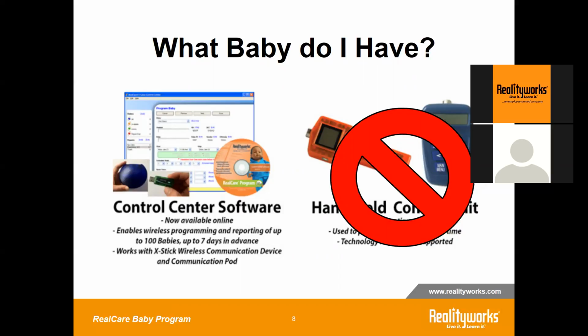The way the software works is you either plug into your computer an X stick, which looks like a green USB drive, or a communication pod, which is a blue round pod. Those plug into your computer and you use your software, and then it communicates with the baby from there. So these are the programming materials that are most current and make the teacher's job the easiest. This is the materials you're going to want with your program.